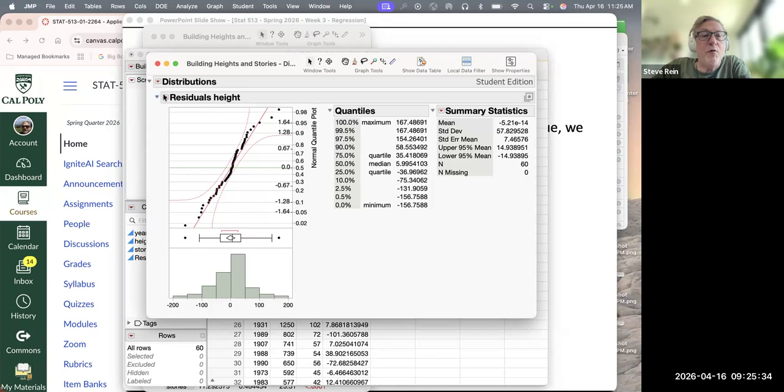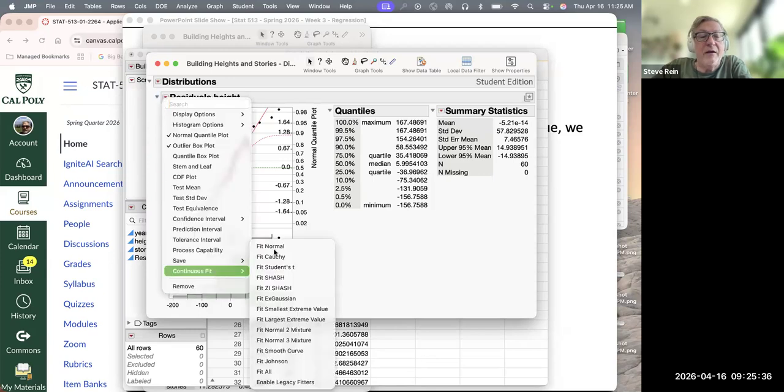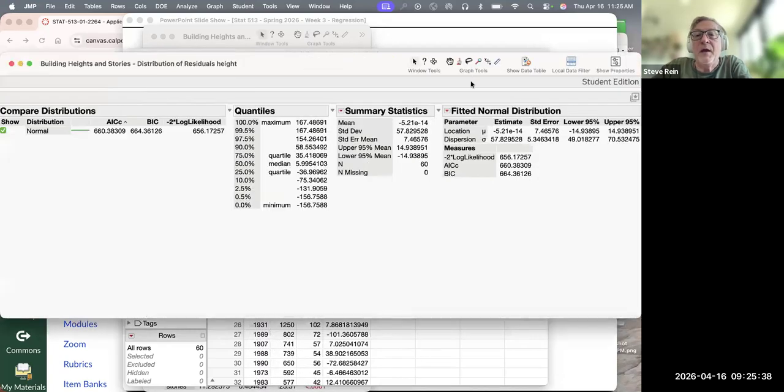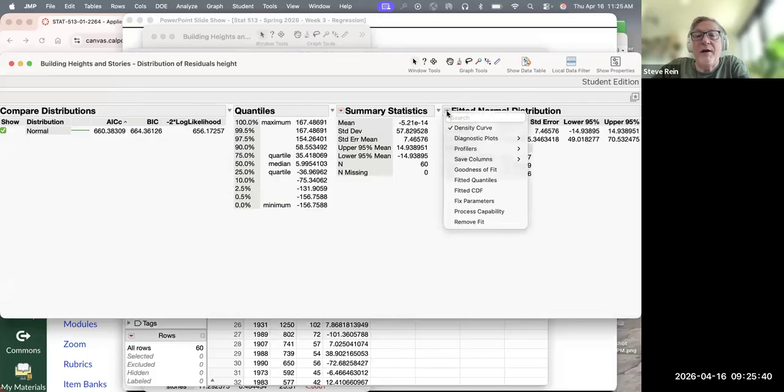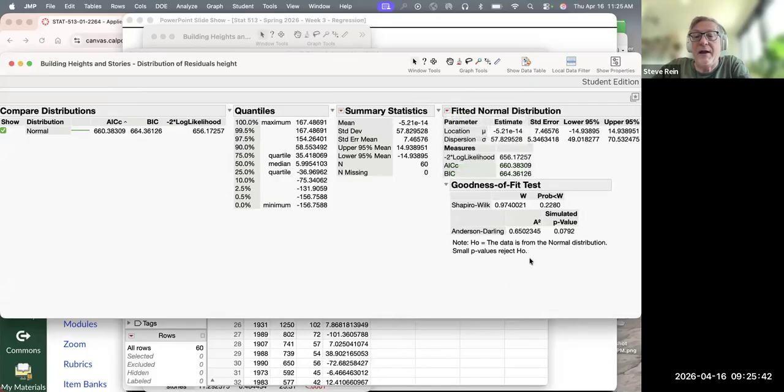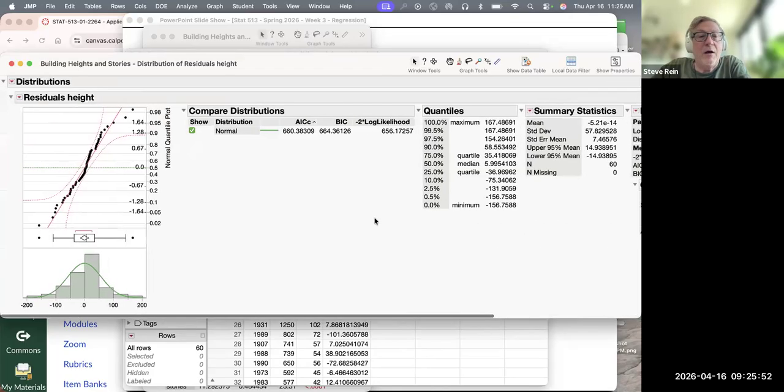To formally check for that, I'm going to add a continuous fit normal curve. And over off to the very right, I'm going to add that goodness of fit. And I have a borderline Shapiro-Wilk. Well, no, Anderson-Darling borderline p-value, but for Shapiro-Wilk, there's not evidence here of a lack of normality. Comparing to the belief of normal, we have no reason to doubt normality just yet. Any questions about that?